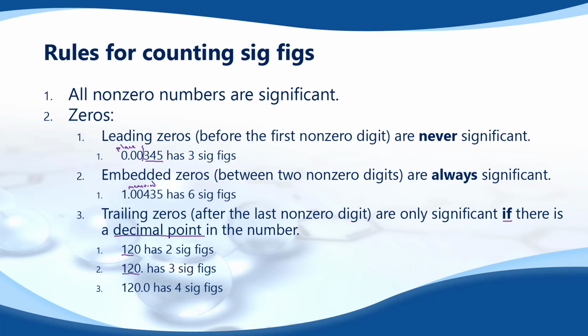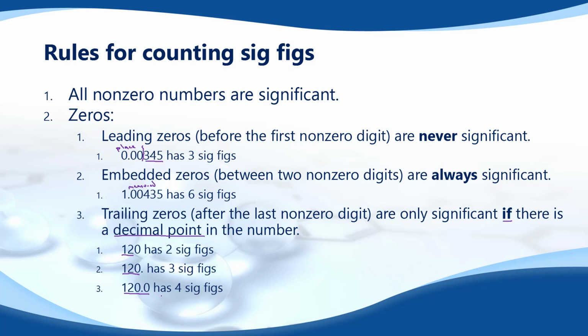The decimal point means we measured that 0 to be 0, so it counts. And our last one, 120.0, has 4. Because again, we measured the 120, that 0 before the decimal point was measured, and that 0 after the decimal point is our rounding 0, that's our estimated 0, so that also counts.